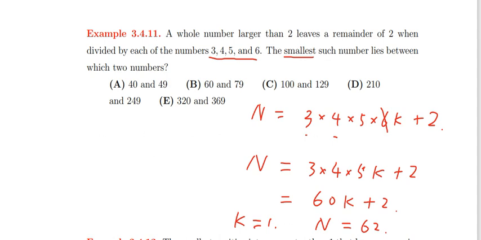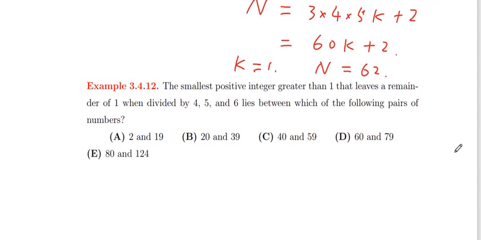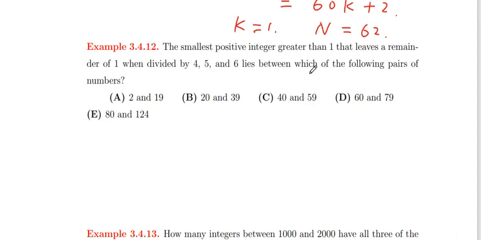So this number is between 60 and 79, right? Okay, so this number is quite the same as the previous one. We want to find the smallest positive integer that leaves a remainder of 1 when divided by 4, 5, 6.